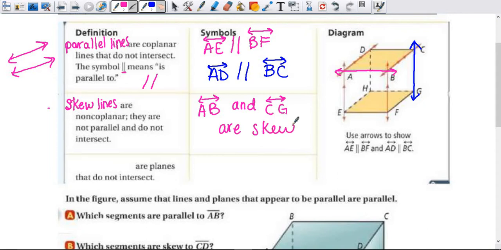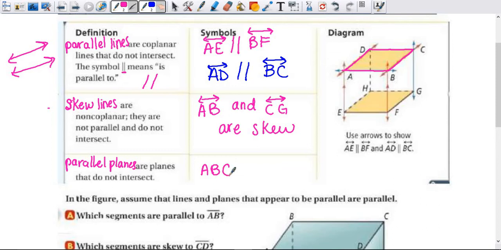All right, and then lastly, we've got parallel planes. They are planes that do not intersect. So when we're talking about planes, we'll talk about a whole side of this cube that is pictured. So let's use ABCD. With a plane, we only need to label it with 3 letters.